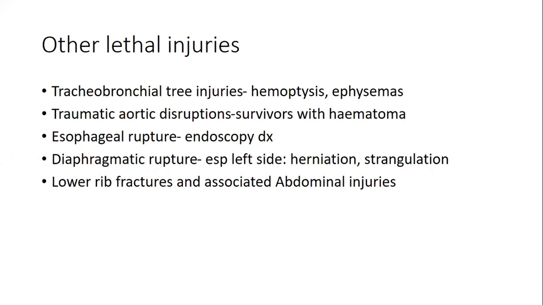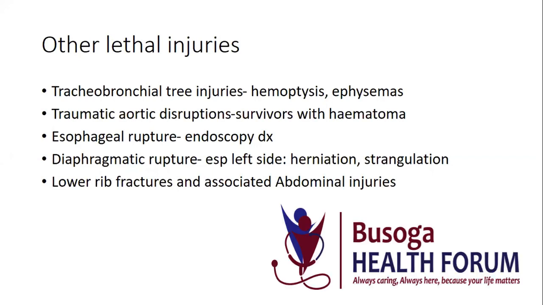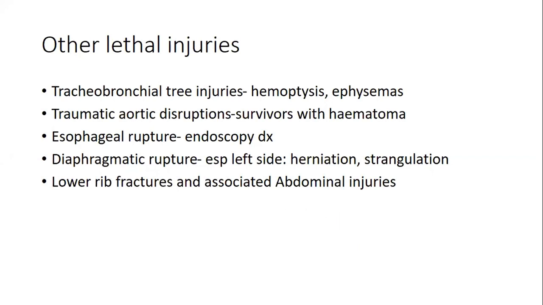Diaphragmatic ruptures are common on the left side and less so on the right, because the right side has the liver protecting the diaphragm. On the left side, the complication could be herniation of bowel and stomach, which could strangulate and give you repercussions of strangulation. Lower rib fractures are usually associated with abdominal injuries because these are abdominal ribs.